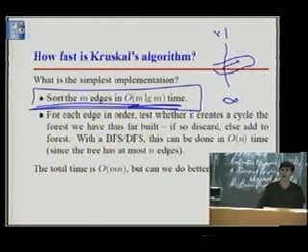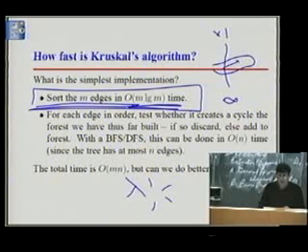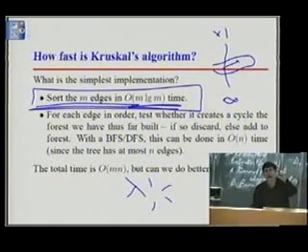DFS, BFS, right? I could take the current tree that I've built, or subgraph that I've built, and do a depth first search to see if it has any cycles. Before I inserted any edge of my tree in there, it has no cycles, right? I now insert an edge in here and ask, hey, does it make any cycles?